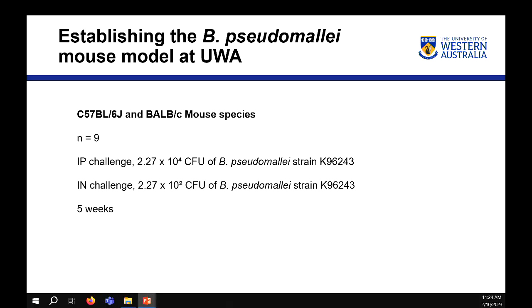So we have two different routes of challenge. When we come to screen drugs, we can use the intranasal route and say, look, these drugs are effective against an inhalational challenge, inhalational melioidosis, or these drugs are effective against something more like cuts and abrasions in the skin, IP. So we did two different routes, and we left the animals for 5 weeks.